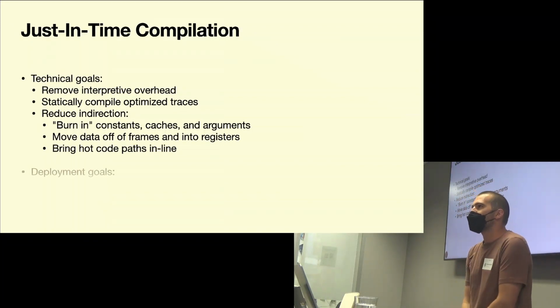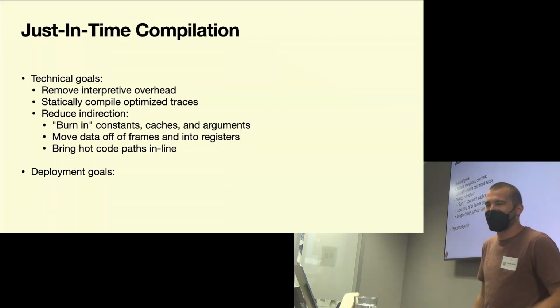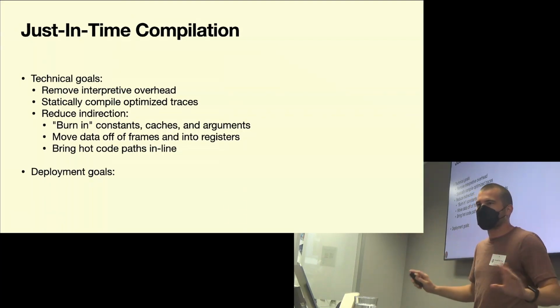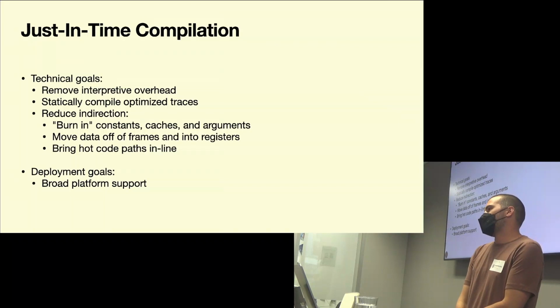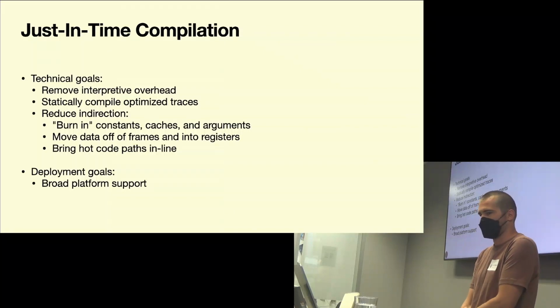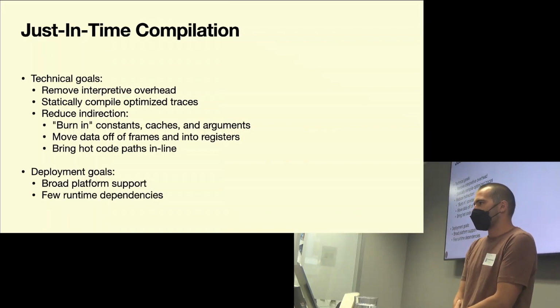Now, these need to be weighed against some practical goals, right? I don't think anyone wants me to dump a 10,000 line C++ JIT on us, right? So the first thing is broad platform support. Python runs lots of places and our JIT should too. I think that this is an ambitious goal, but it's an important one. I think that it should have few runtime dependencies.